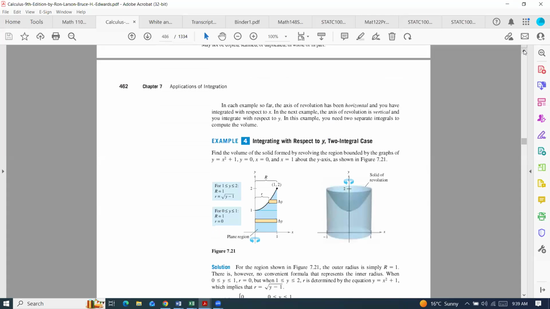So integrate with respect to y, not with respect to x. In other words, when you rotate about the y-axis, you definitely cannot integrate with respect to x. So what they're doing here is a different rotation.